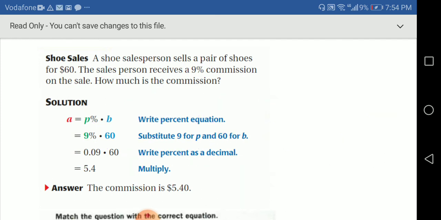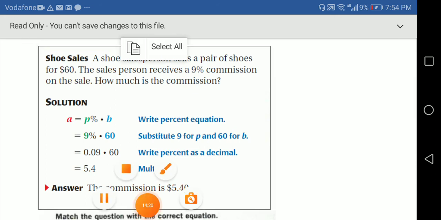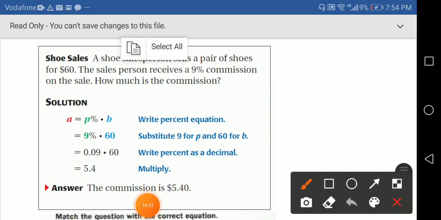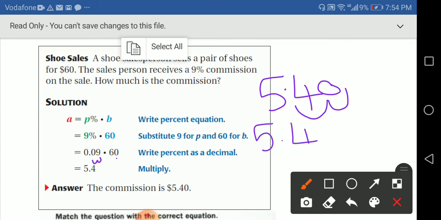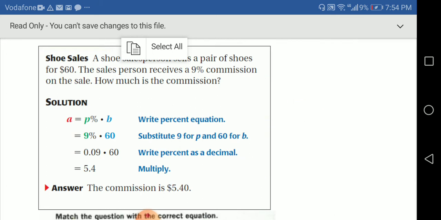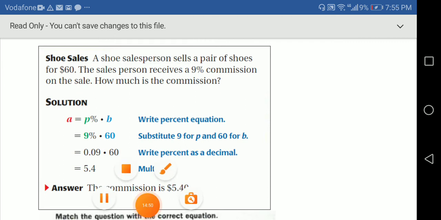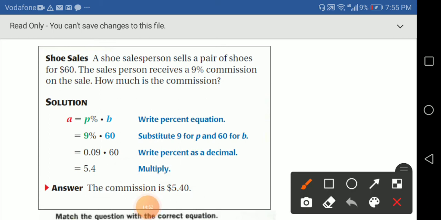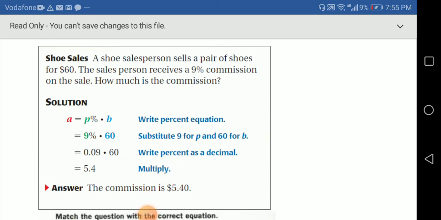So I will ignore the decimal points, and then do what, guys? 9 times 60 gives me 54, and the 0 of the 60, right? Then I have how many decimal places? 1, 2, and put here my decimal point. 5.40, which is the same as 5.4. This 0, as I told you before, has no meaning after the decimal point. Easy, guys? I think it is. So the commission here is 5.40 or 5.4. Easy? I think it is.